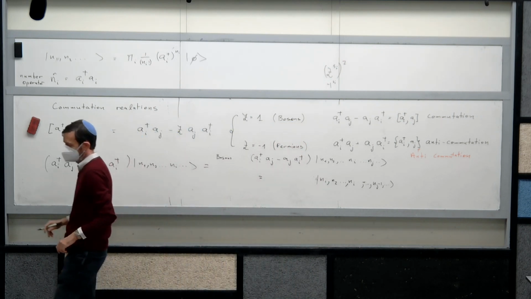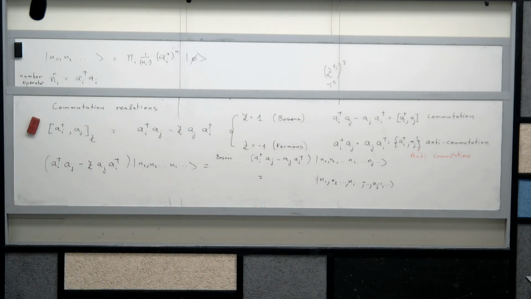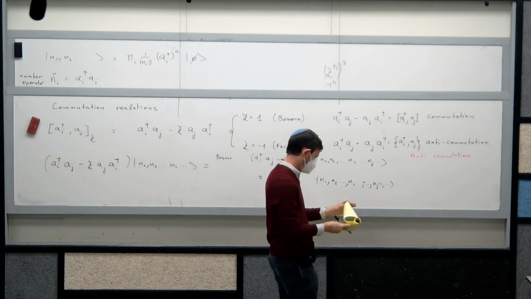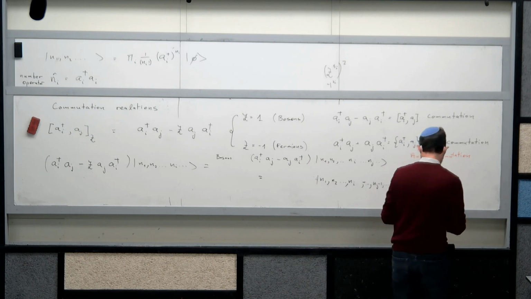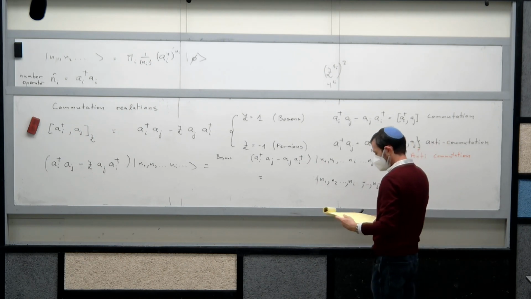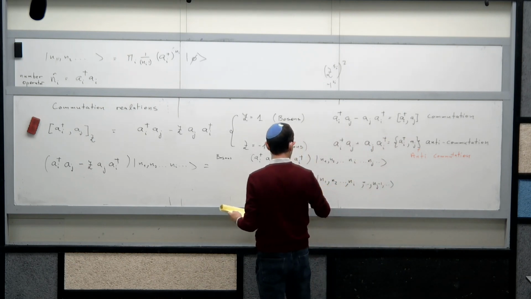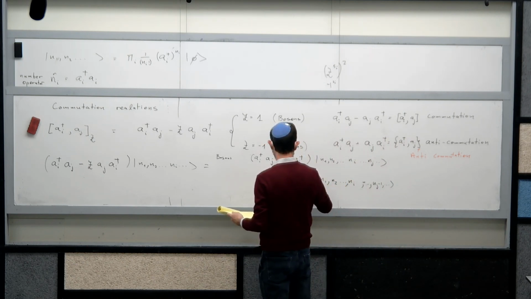And according to the rules that I have, this gives me square root of nj.